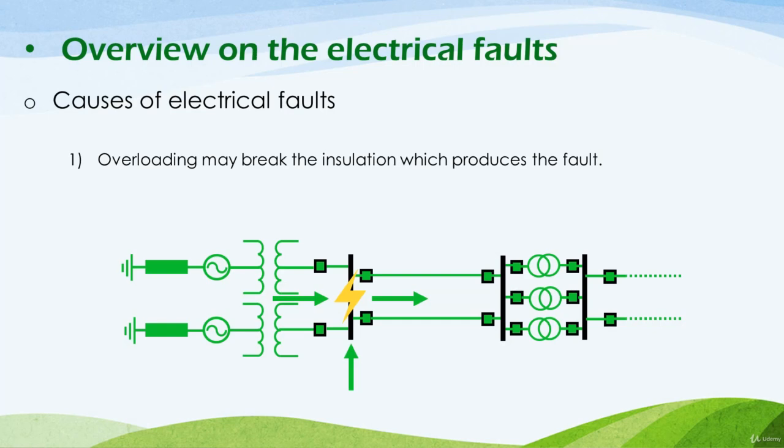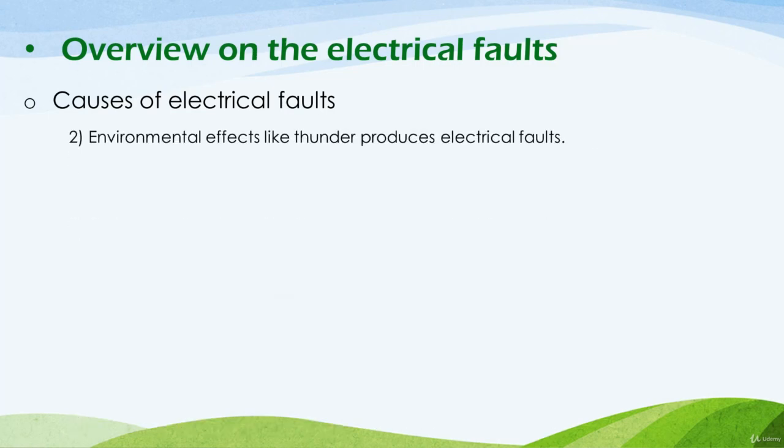Now the second cause that produces the fault condition is the environmental effects. So if the overloading condition was an internal reason that is related to a problem in the power system itself, here we have some external reasons, not internal reasons, that cause the fault from outside the power system itself. Some external weather condition may produce the fault condition, like the thunder for example.